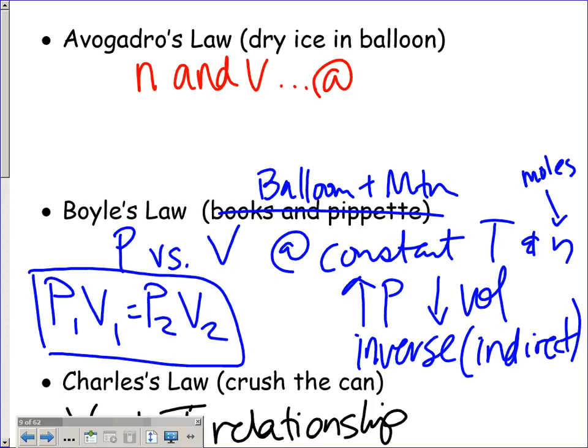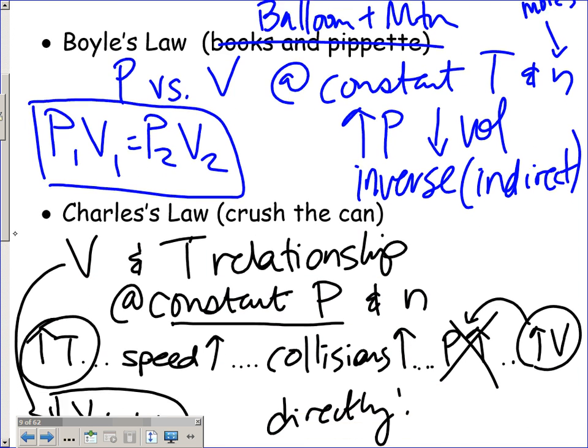So N and V are related at constant pressure and temperature. Increasing the moles causes what to happen to volume? Increase, so that's a direct relationship. To understand, I think it makes sense to know that the relationships cause the formulas to be written differently.